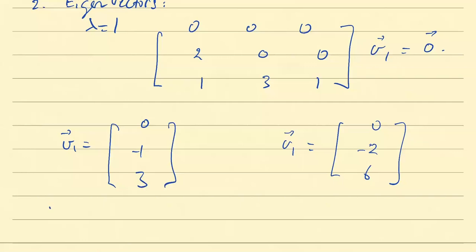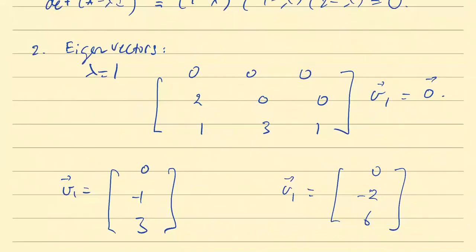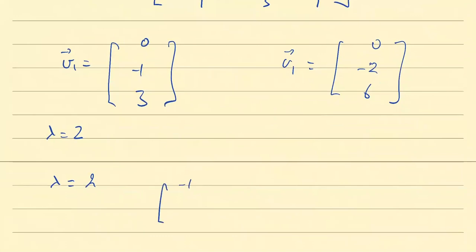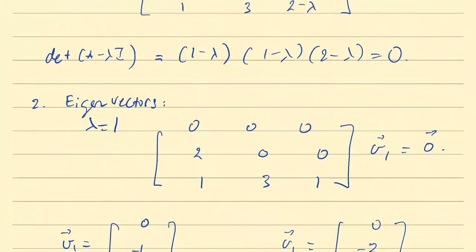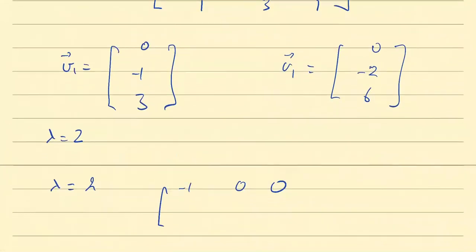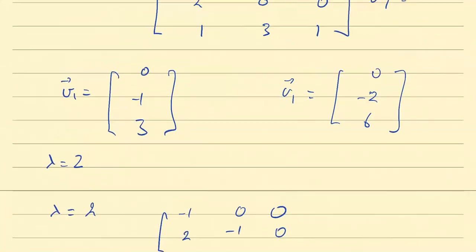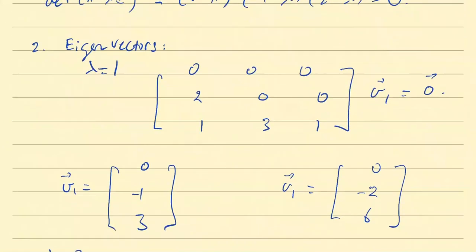Okay, so lambda equals 2. What is the system, right? Minus 1, 0, 0; 2, minus 1, 0; 1, 3, minus 1.